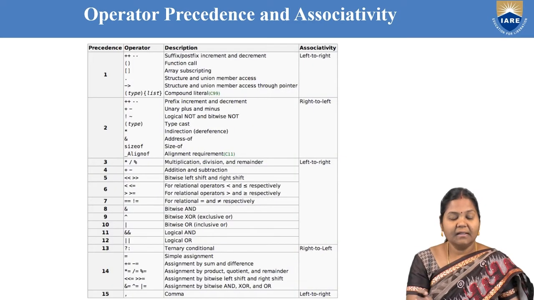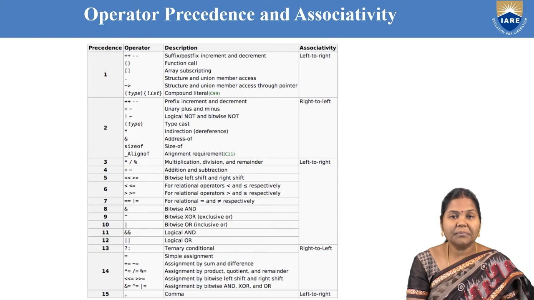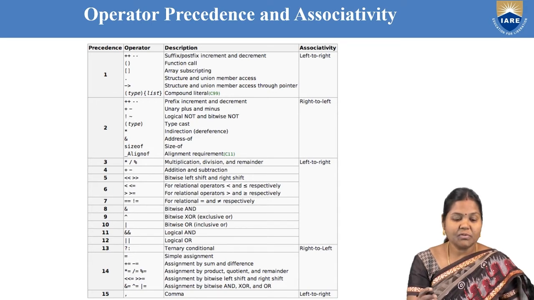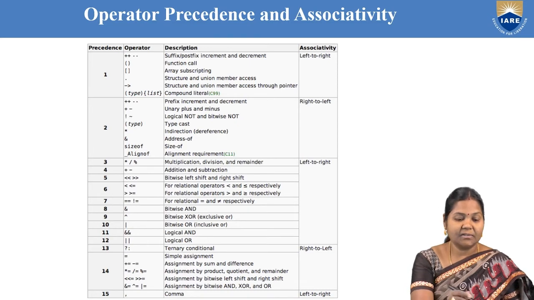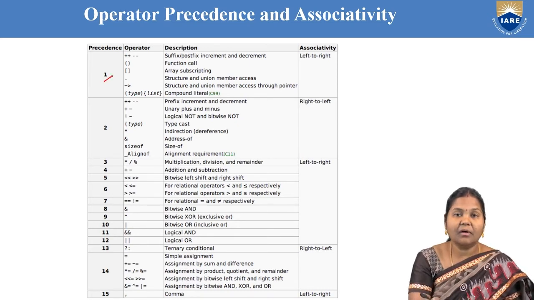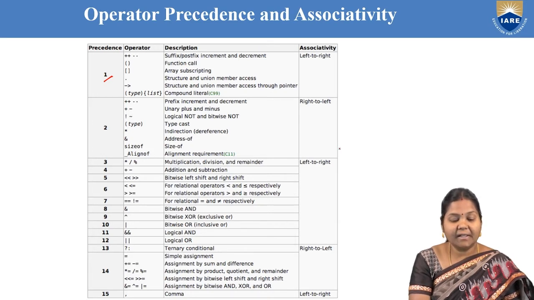Next, let us see this table which contains all the operators supported in C language and their precedence and associativity. Coming to the first order of precedence, the highest, you will find plus plus and minus minus, the increment and decrement operators.